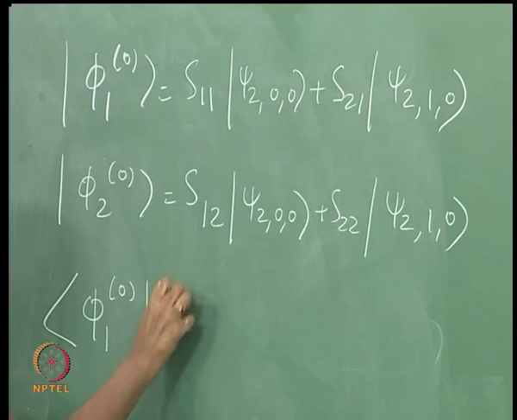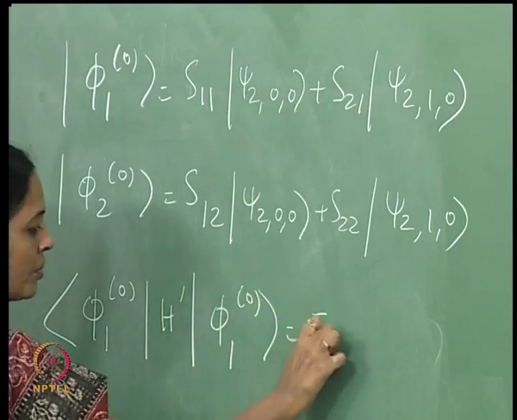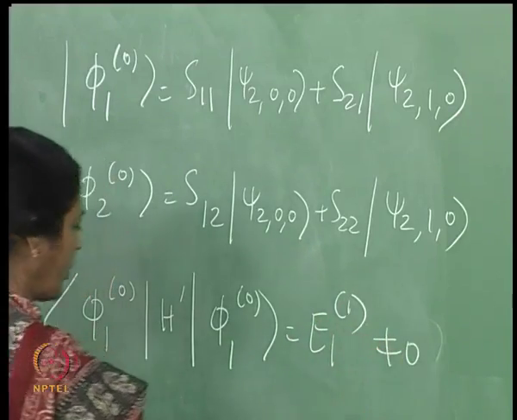phi 1 0 H prime phi 1 0, which is the contribution E 1 1, is not equal to 0.